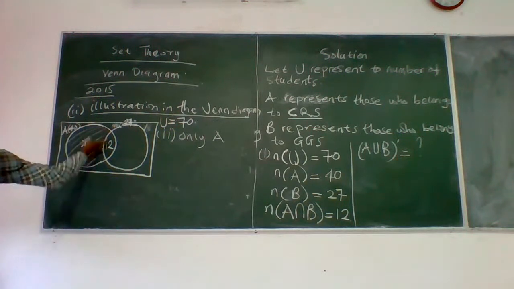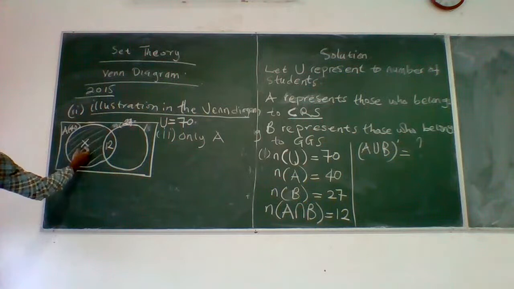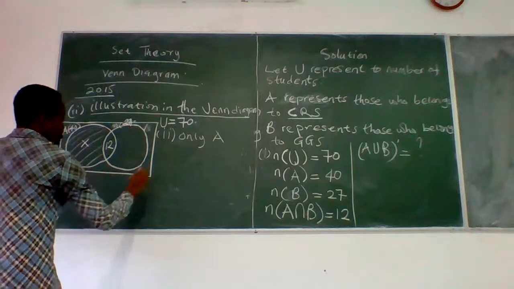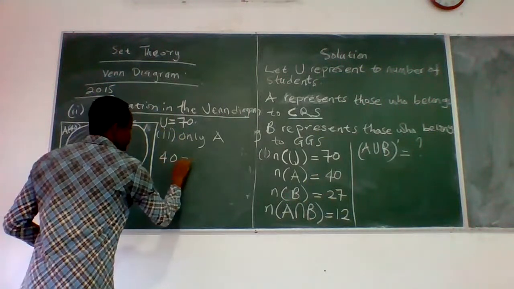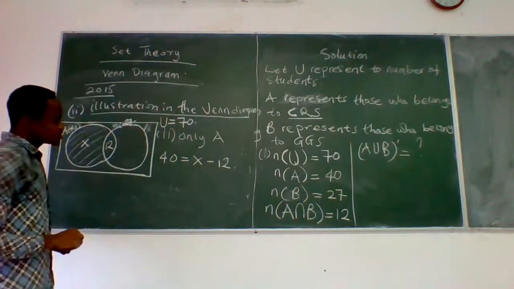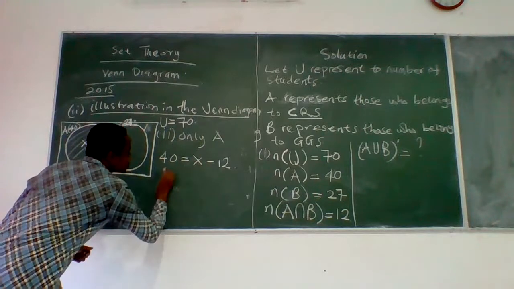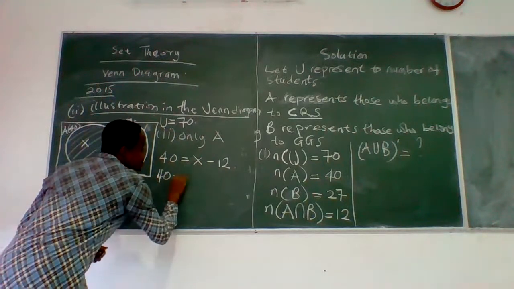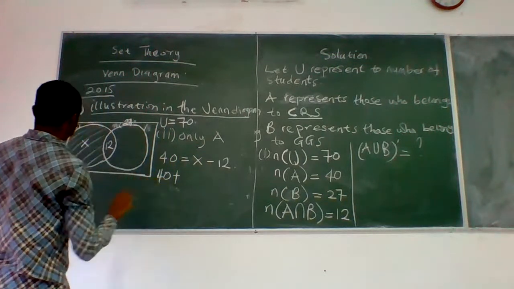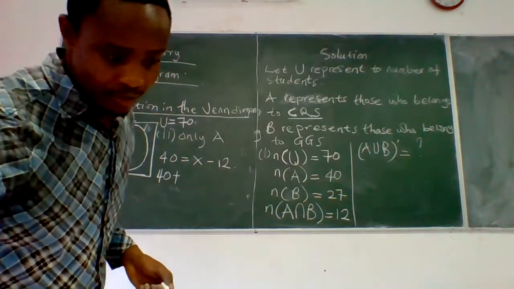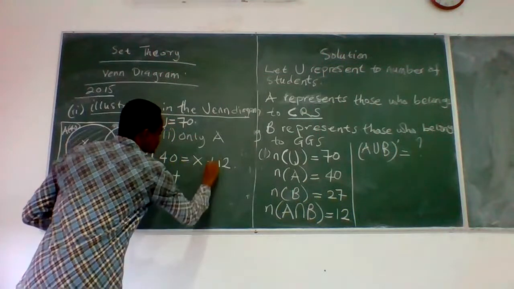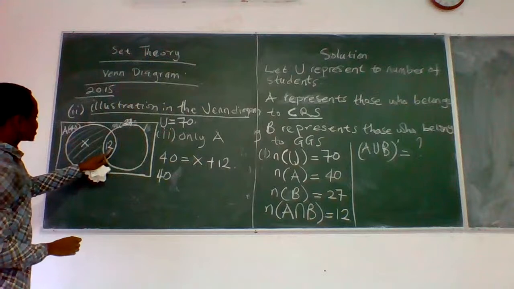To find this X, we just consider this set A, and the total number is 40. So by simple algebra, when you add this and this, you have to get the total.